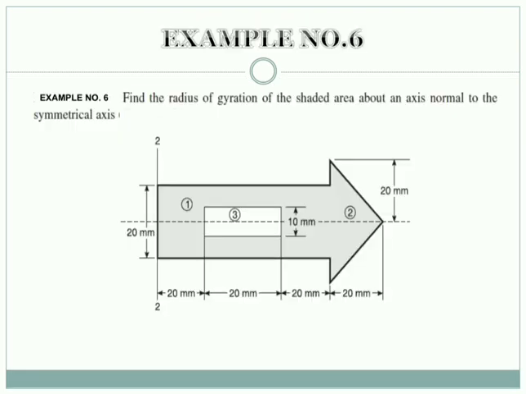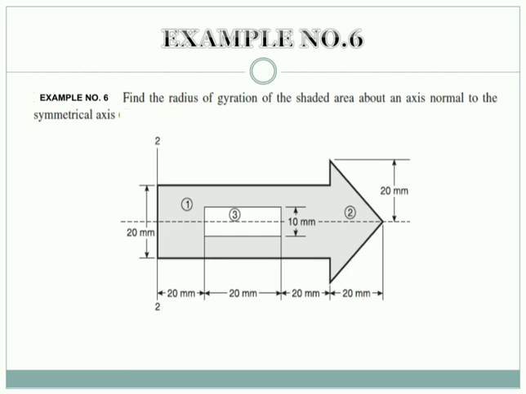So let's take up one more example. Here we have an arrow shaped object where in between a rectangle is cut out, and in this case we have to obtain the radius of gyration of the shaded area about an axis normal to the symmetrical axis.